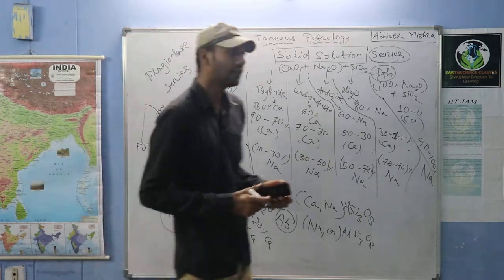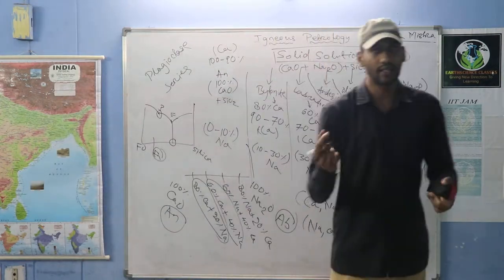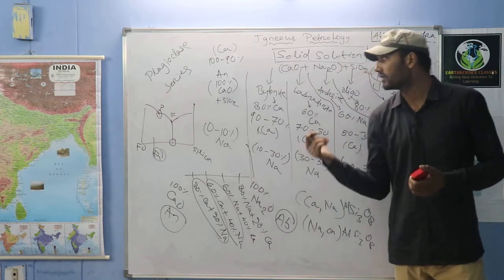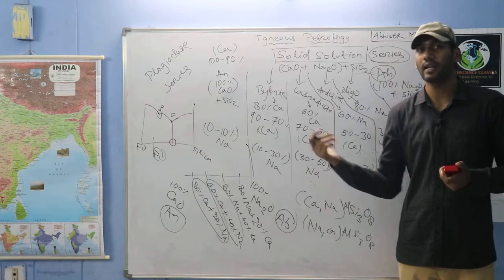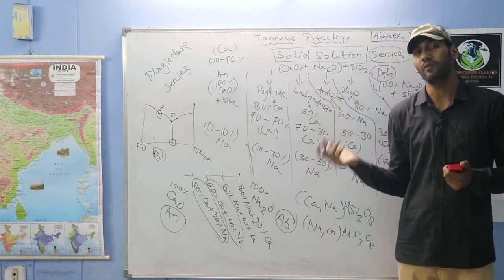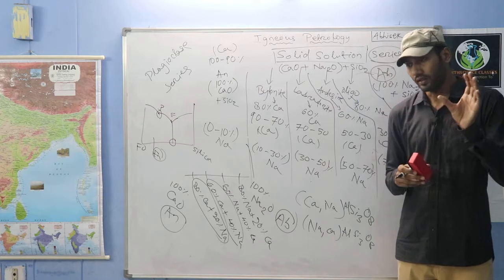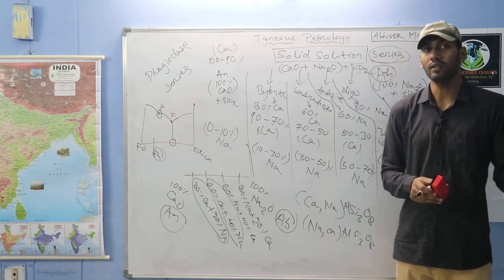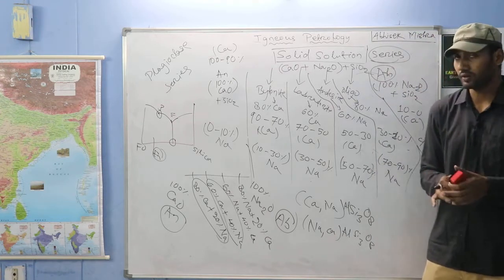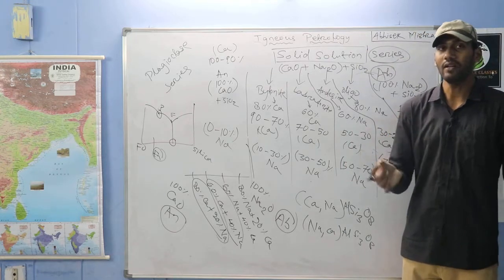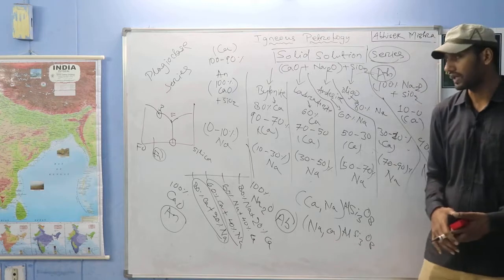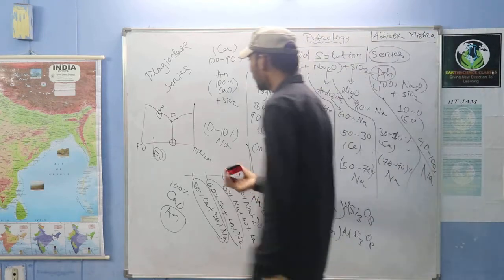Similarly for olivine also we are getting a series of minerals. Similarly in pyroxene, as I have given the example, hedenbergite and diopside, in olivine forsterite and fayalite. So the solid solution series exists between these two end members. There are middle compounds also, which can be defined and named on the basis of their composition.